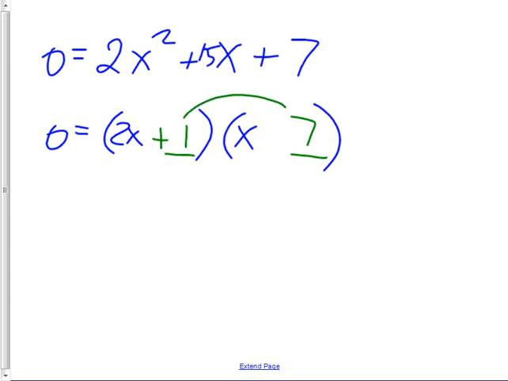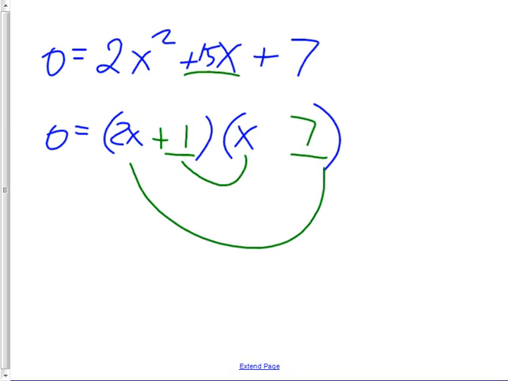What do you mean the 1 and 7 multiply to 15? When you go through the outside. Oh, the outsides give you the middle. So that should make 15. That doesn't make 15. That makes 14. So this is the 14 and this is the 1. Oh, okay, that makes 15. Okay, I get it now.